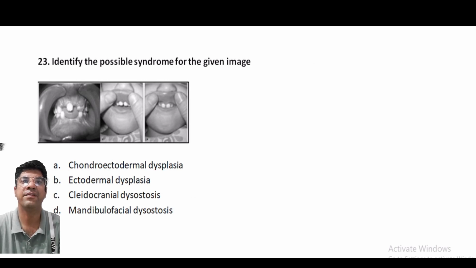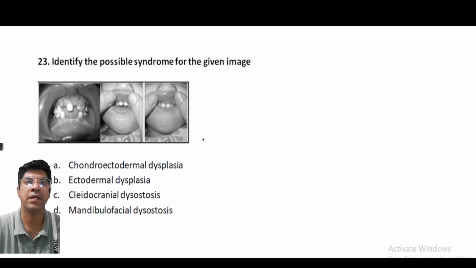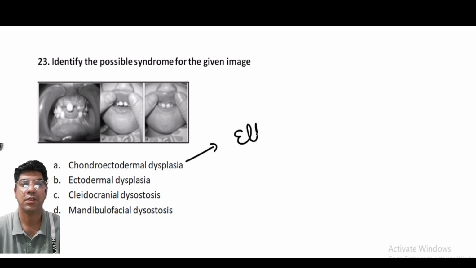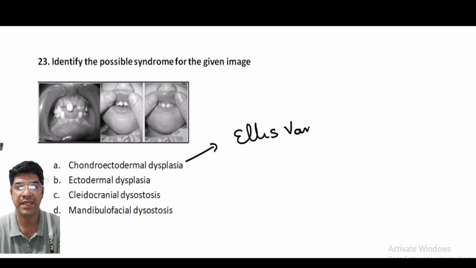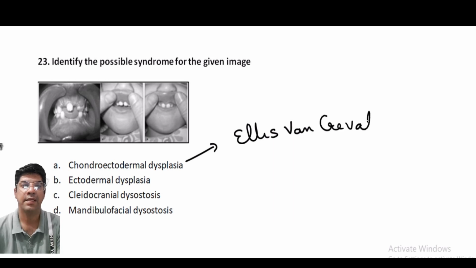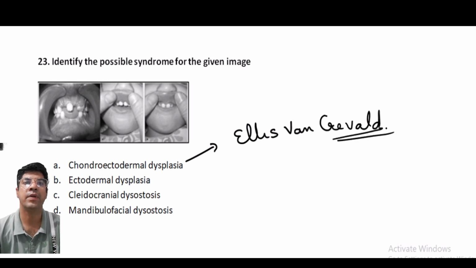Now identify the following syndrome for the given image. The answer is chondroectodermal dysplasia. It is also known as Ellis-van Creveld syndrome. It is an autosomal recessive syndrome.